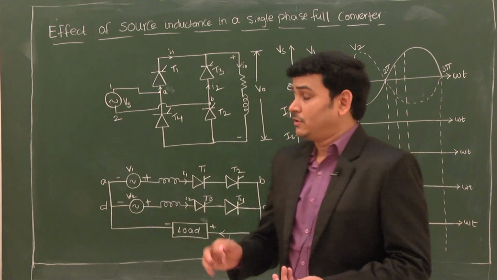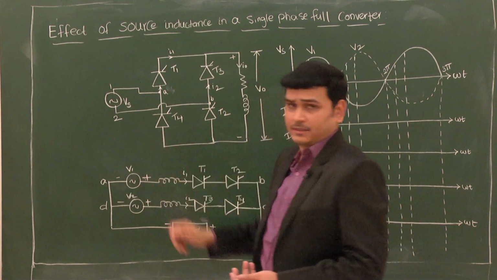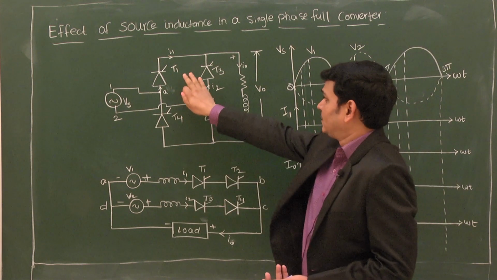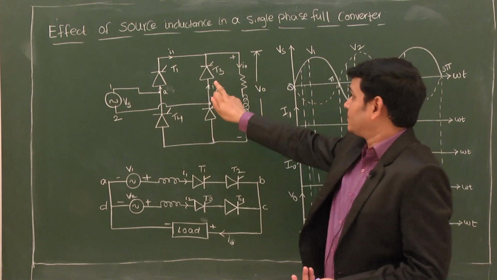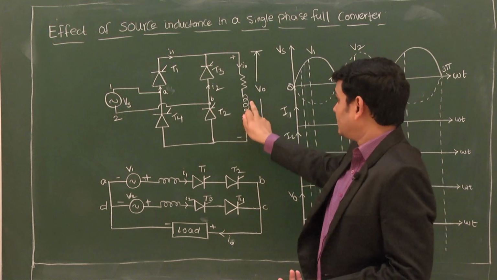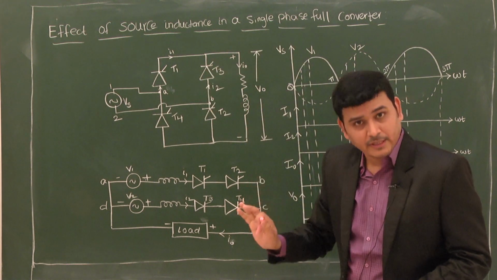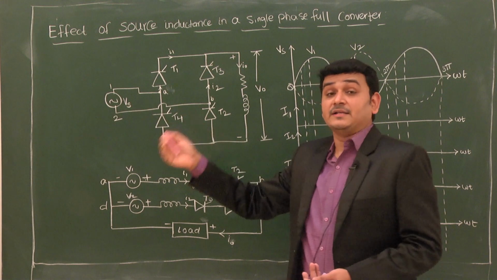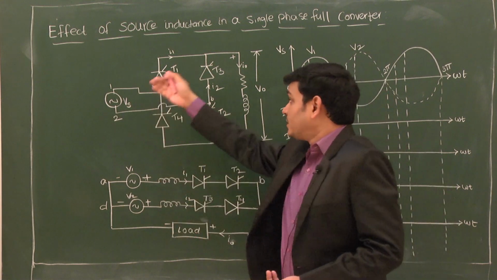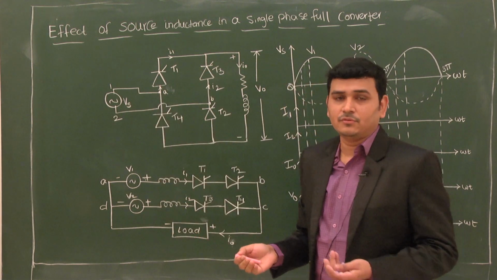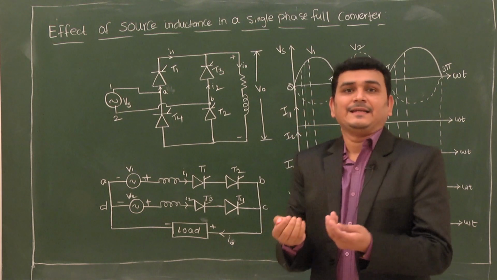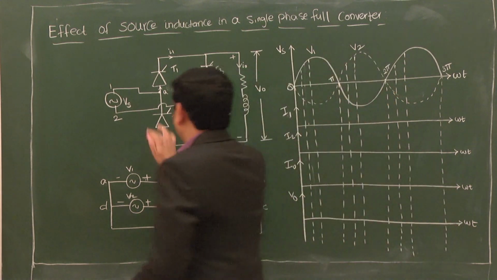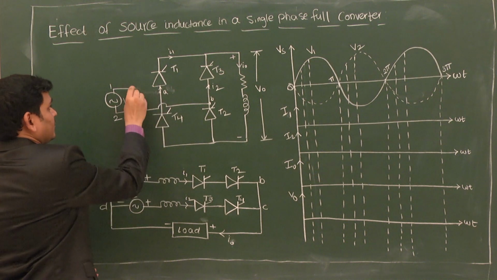If you observe this circuit diagram, this is the normal circuit of the single phase full converter with RL type of load. But now we are considering how the circuit will operate with source inductance. So the circuit will be modified like this.